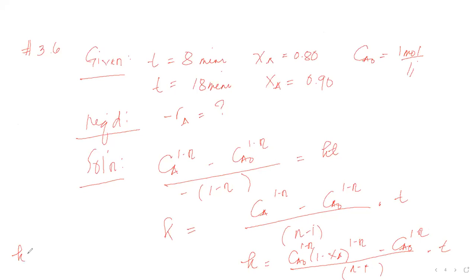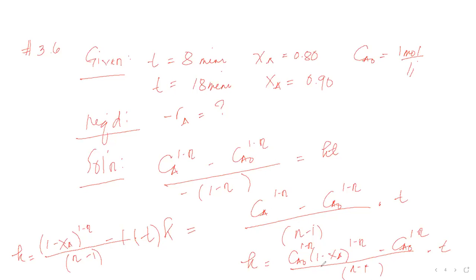Our final working formula will be K being equal to 1 minus XA raised to 1 minus n, minus 1, because CAO is 1, all over n minus 1, and you have here time. If you want to have a more general representation, you can still have K times CAO raised to 1 minus n on the left side.